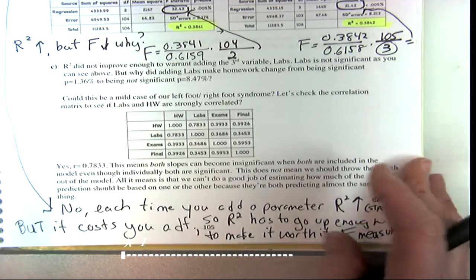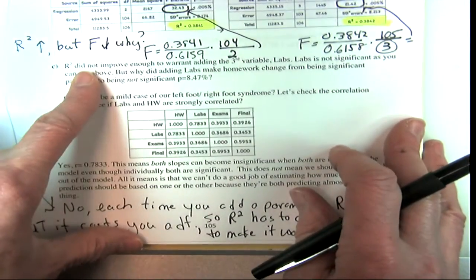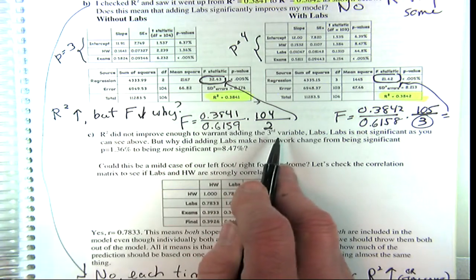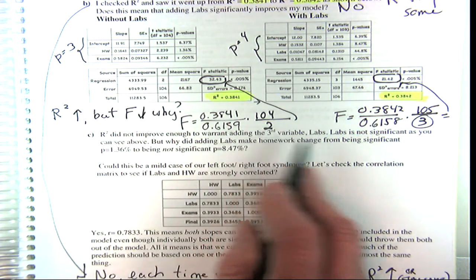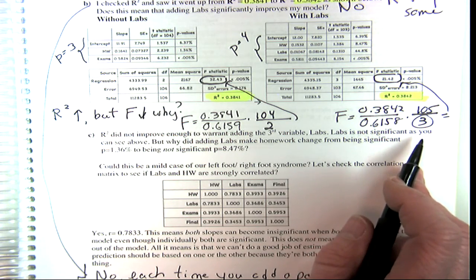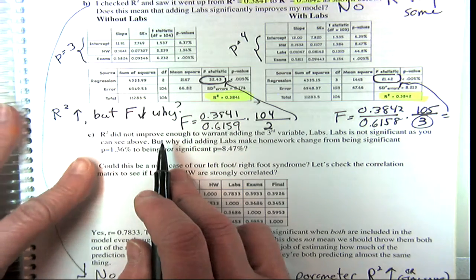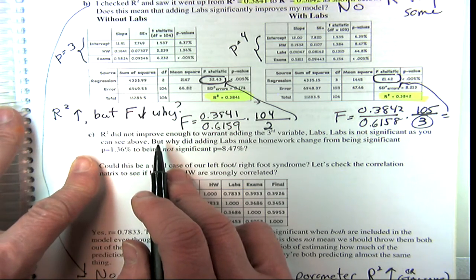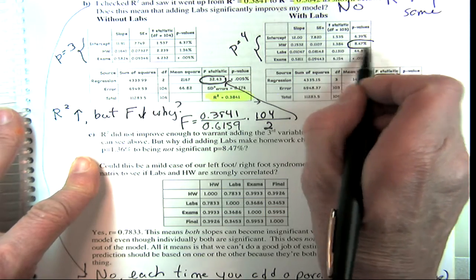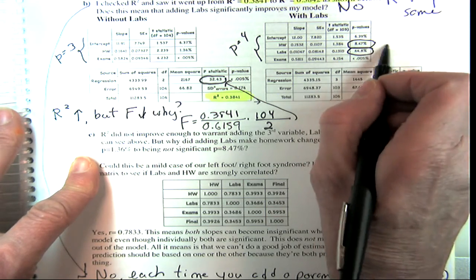All right, let's just see something now. R squared did not improve enough to warrant adding the third variable. Labs is not significant, as you can see above. Where is labs? See, right here. Look, neither of them are significant. Look what happened when you added labs.